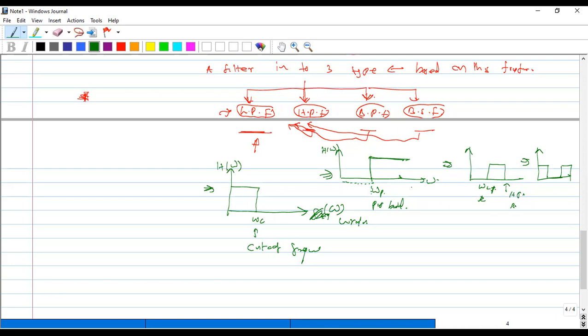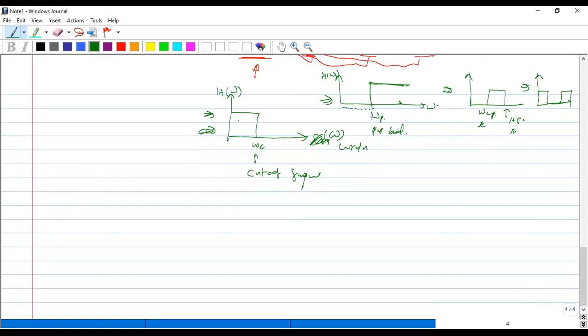Actually, these are just ideal filters, but practically the response is not like this. We will see this. And this H omega, you know that H omega is Y omega divided by X omega.